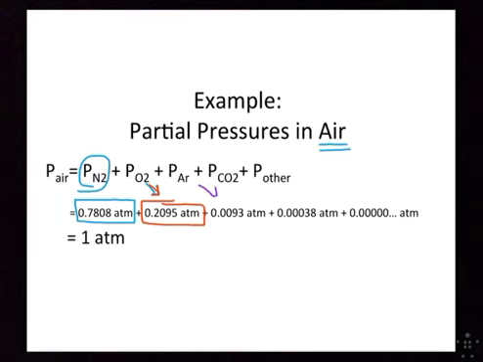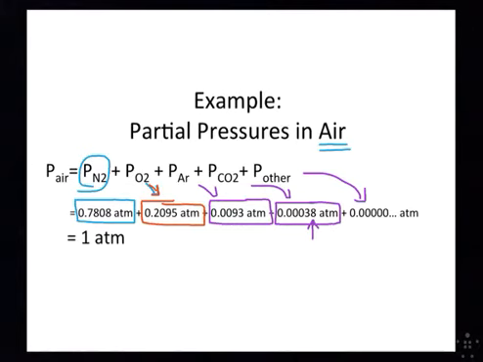We've got quite a bit of argon, so 0.0093 atmospheres, a little bit of CO2, 0.00038 atmospheres, and a few other things that don't even show up in this decimal place, and so they don't really factor in. If you add them all together, you get a total of 1 atmosphere.